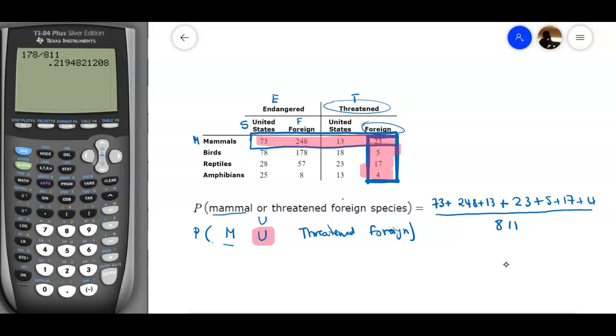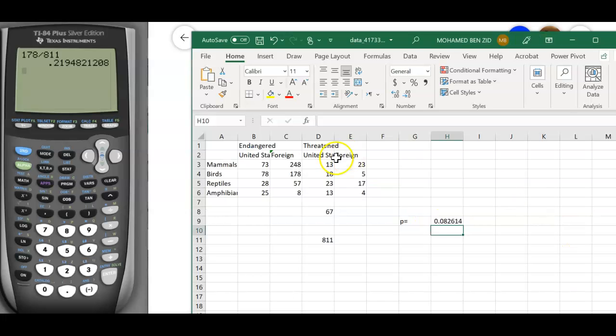We can do this with the calculator, or we can use Excel. Remember, you have all this in Excel, and this is easier for me in Excel. Let's move to Excel. The numbers we're going to add together, I'm going to highlight them: this is yellow here, and this is yellow over here.